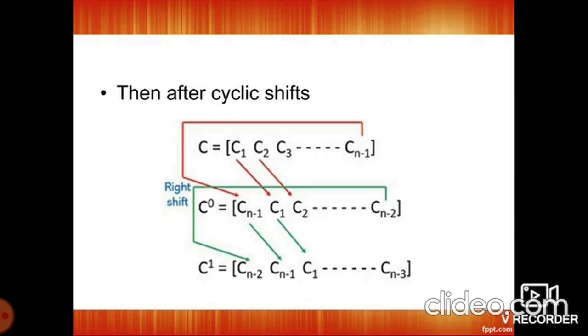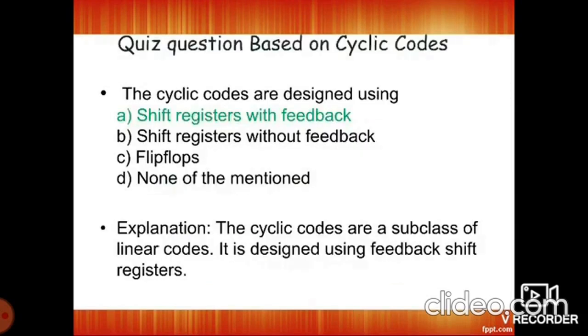When another shift is given, c(n-1) occupies the c1 position, c(n-2) occupies the c(n-1) position, and so on, up to c(n-3) as the final bit. That is called the cyclic shift property. After making a cyclic shift, if you get a proper code word, then it is called a cyclic code.